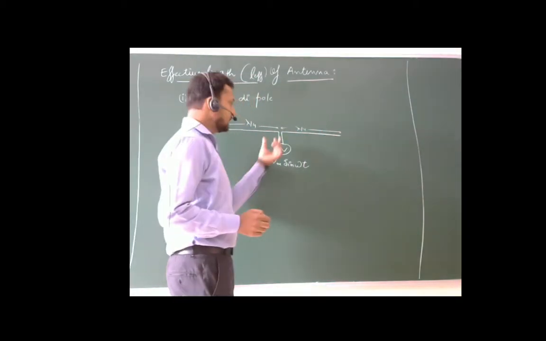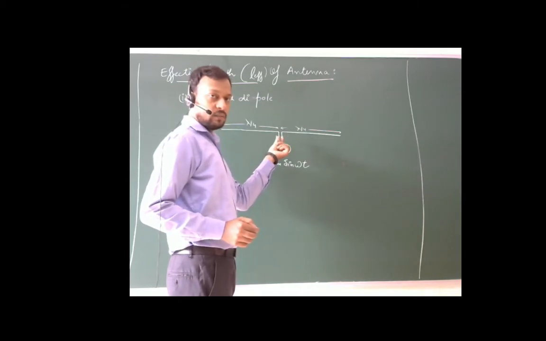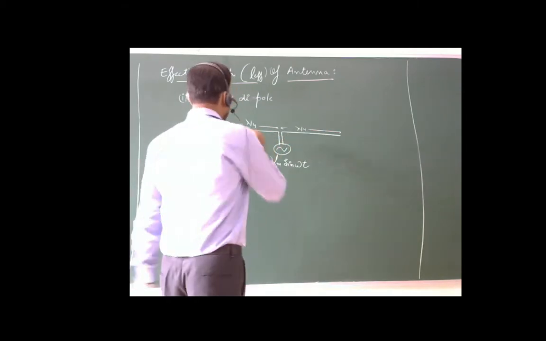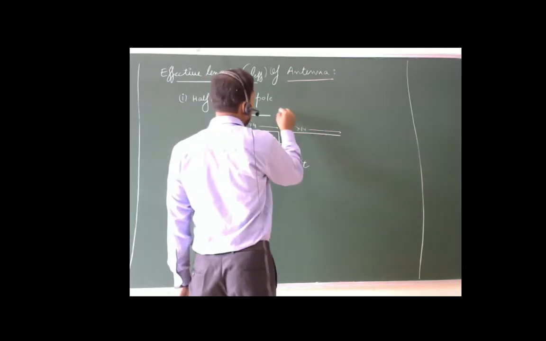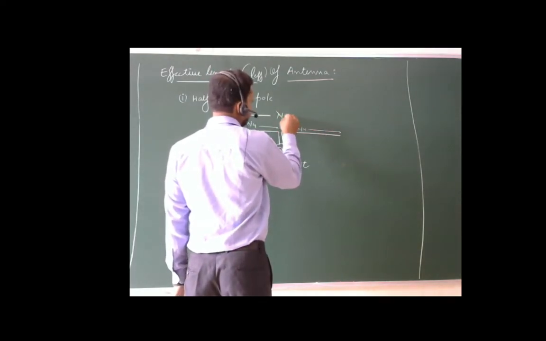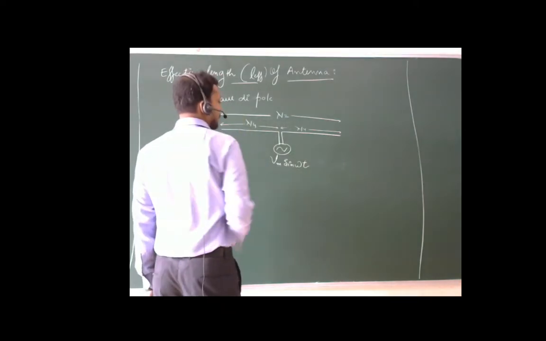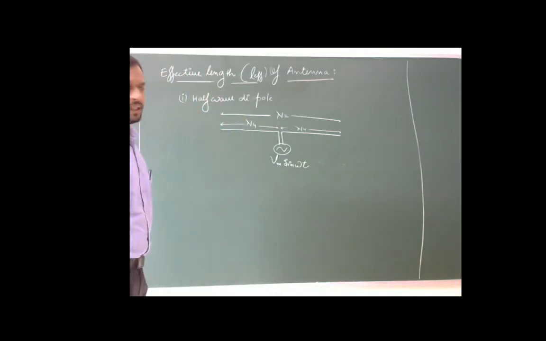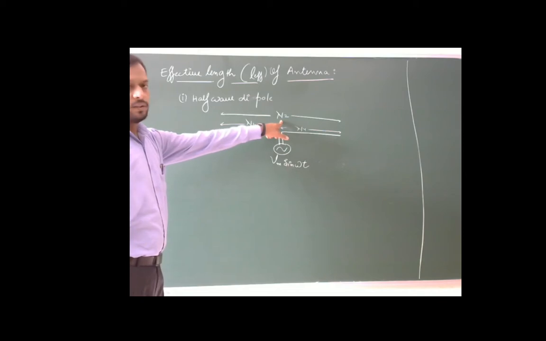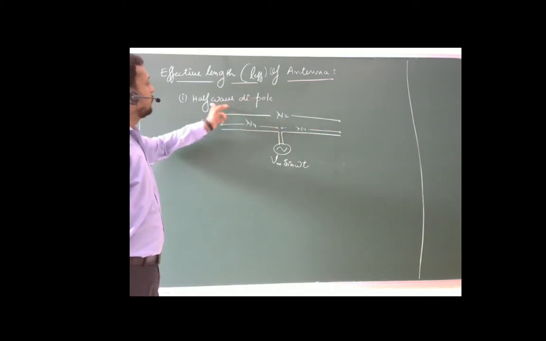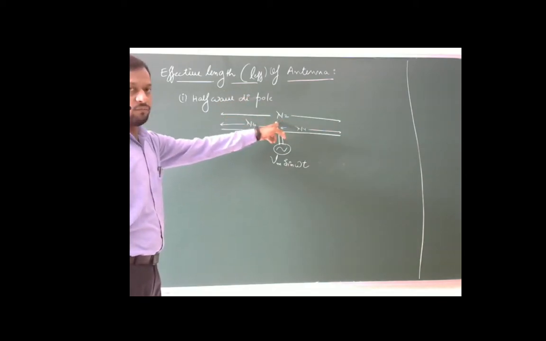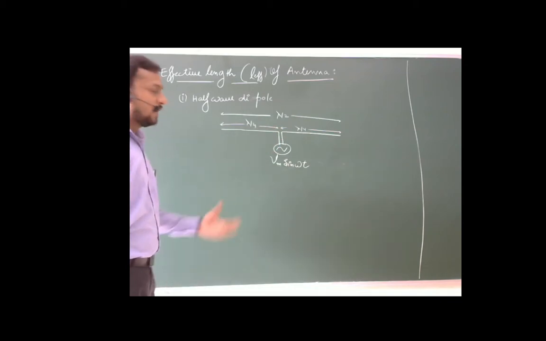If we consider this opening to be very small, the total length is around lambda by 2. So this is the total length, that is a half wavelength.